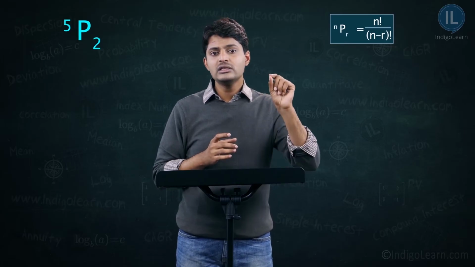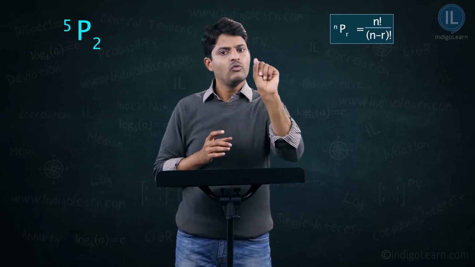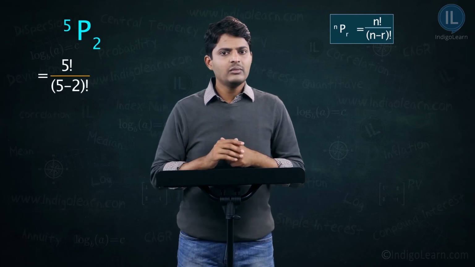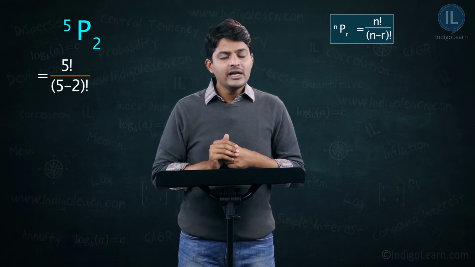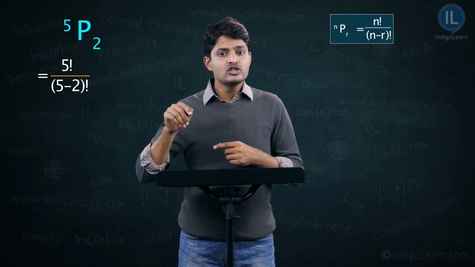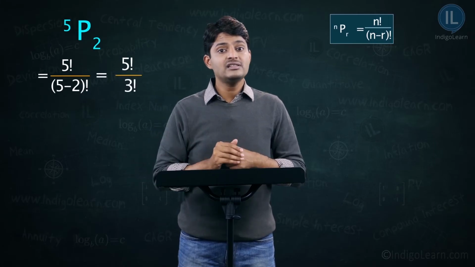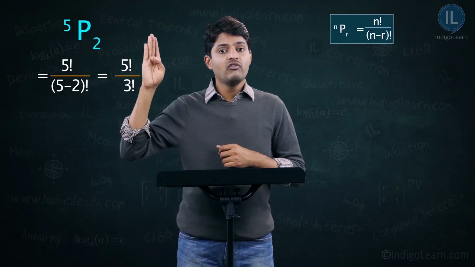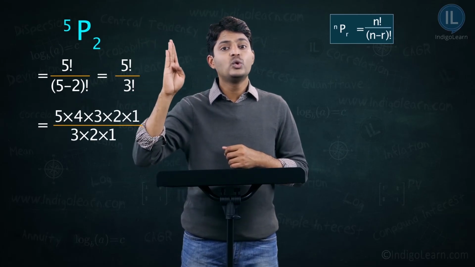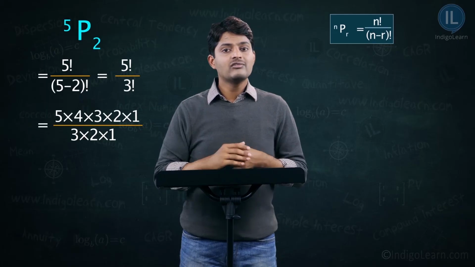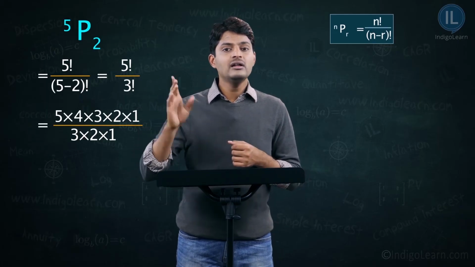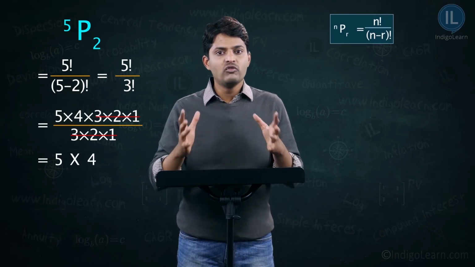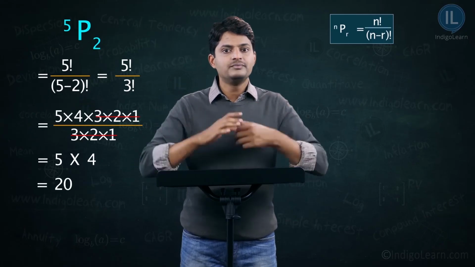So if I am using 5p2, what will be your derivation of the formula? Numerator will be 5 factorial, denominator will be 5 minus 2 whole factorial, which is 3 factorial. Or in other words, numerator is 5 into 4 into 3 into 2 into 1. Denominator will be 3 into 2 into 1, where 3 into 2 into 1 will get cancelled and you are left with 5 into 4, which is 20.